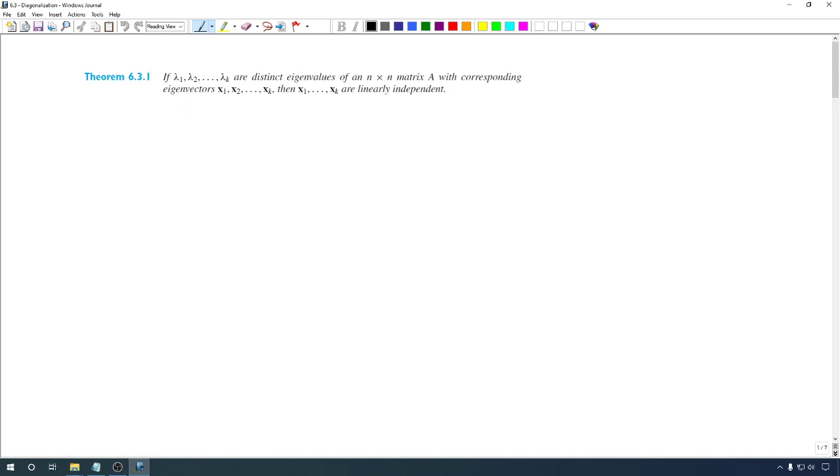Even though the idea of the proof is pretty simple, it's a little tricky to set up. We're going to first assume that not all these vectors are linearly independent.